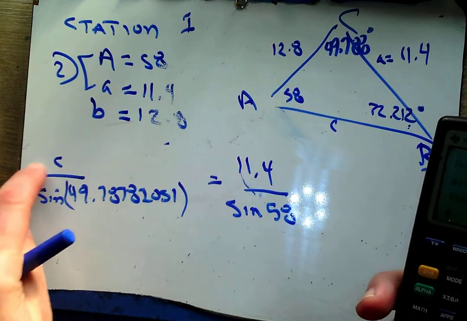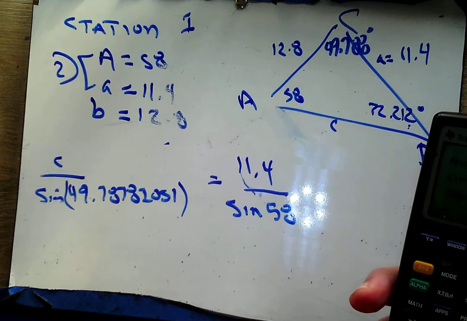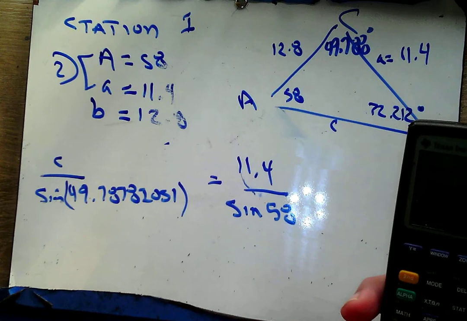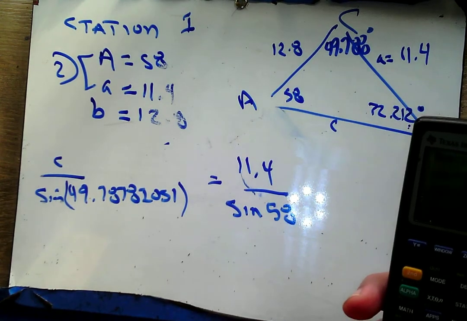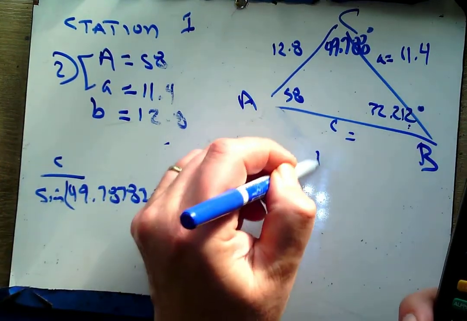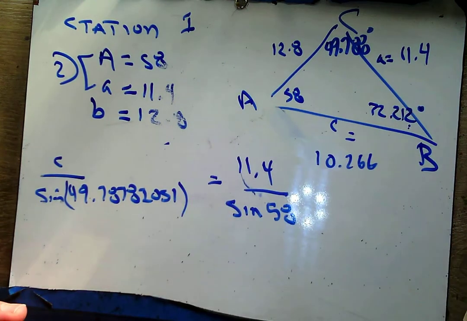Okay, so I want to solve for c. I'm going to multiply both sides by the sine of that. So 11.4 times the sine of that last answer divided by sine of 58. And I get that little c is 10.266. All right. Well, so there's our first station.